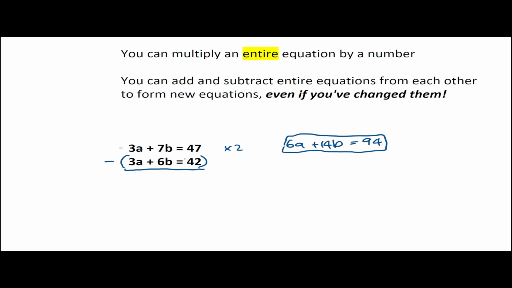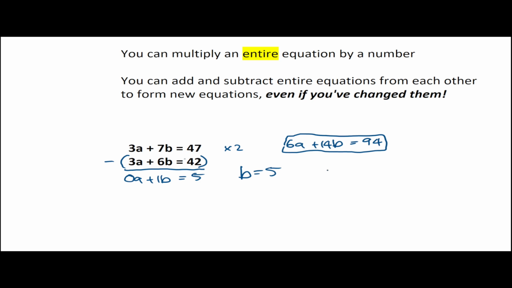Make sense? So 3a minus 3a is 0a. 7b minus 6b is 1b. The equals has to come down. 47 minus 42 is 5. And straight away we've got b equals 5. Okay, so far so good. Now we want to come into one of the other equations.